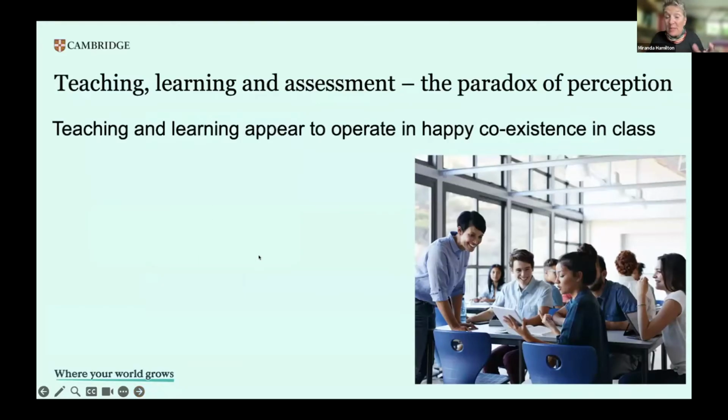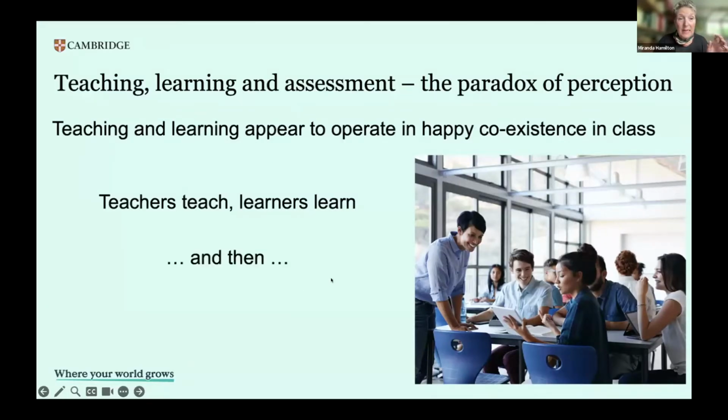Teaching, learning and assessment. I think that we find ourselves with something of a paradox of perception, because what we see is that teaching and learning seem to operate happily together. We're familiar. Teachers go to the classroom and they work with their learners in the classroom. So teachers teach, learners learn, and then assessment tests.